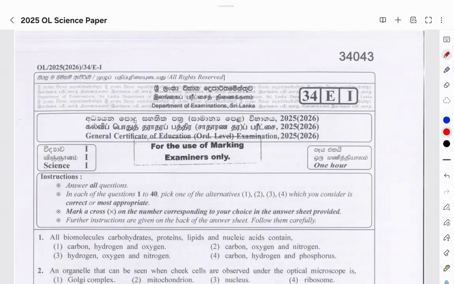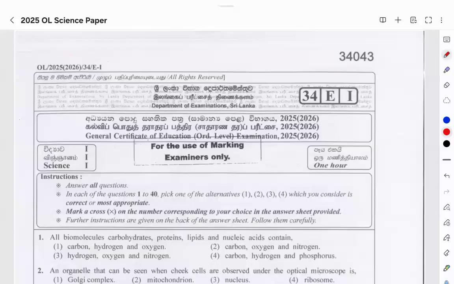Because some of the A-level students have a subject combination of combined maths, physics, chemistry. Some of the students are dropping chemistry and choosing ICT instead of chemistry. So they can't enter to the engineering, even though they did combined maths, since they dropped chemistry.